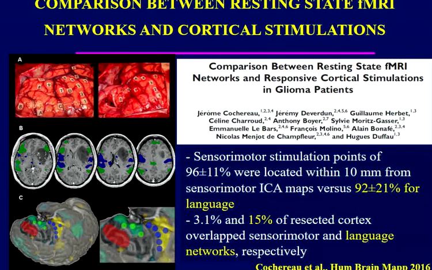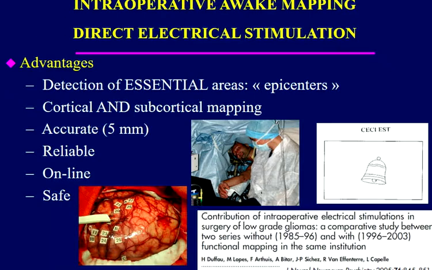And I know that, of course, because I have the experience of doing awake mapping in these patients, checking exactly what happened during surgery and correlating it with functional imaging, recently with resting state. I can tell you that the reliability is also around 80 to 85%, but not 99%.